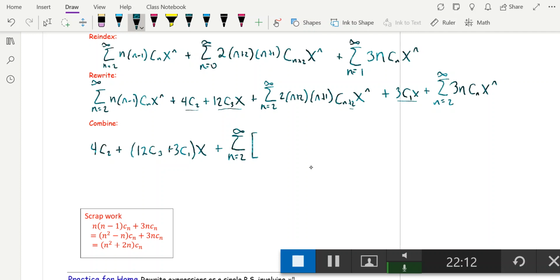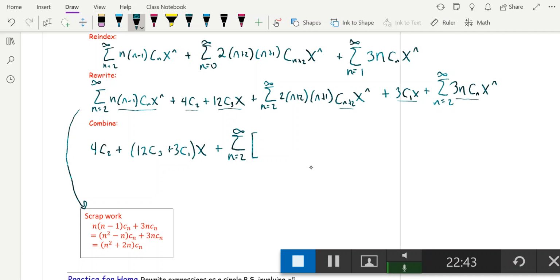I'm going to have some n plus 2s, Cn plus 2, and then I'm going to have some coefficients involving Cn. So looking at this first and last power series, I see I have a 3n Cn, but I also have an n times n minus 1 Cn. So I did my scrap work down here. The coefficient of Cn will be n times n minus 1 plus 3n.